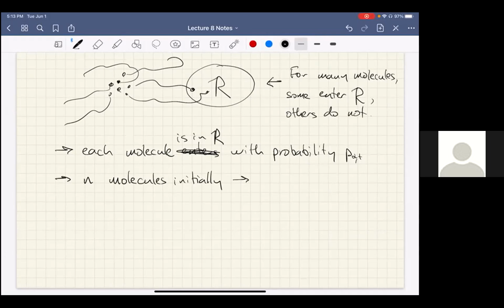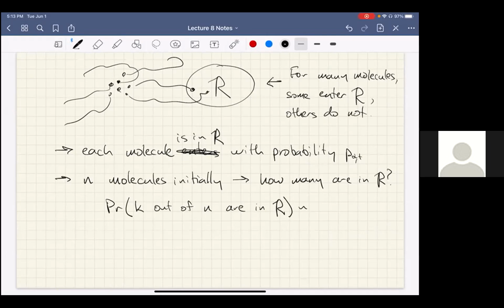And what I'm interested in is how many are in R. So now what I'm looking for is the number that are within R. If I pose that as follows, what's the probability that K out of N are in R? That is given by the binomial distribution.